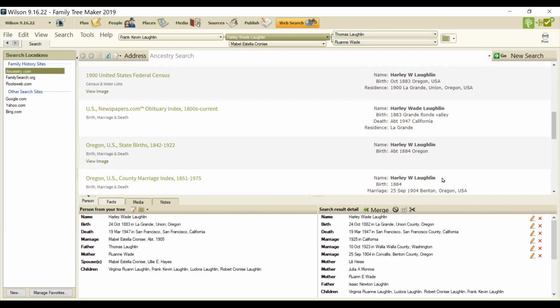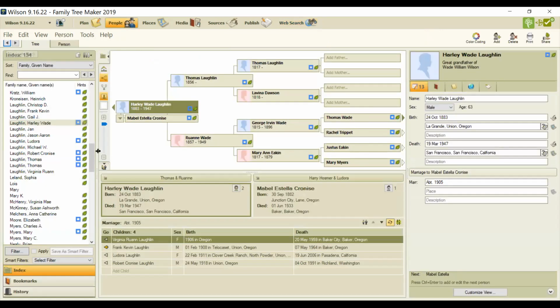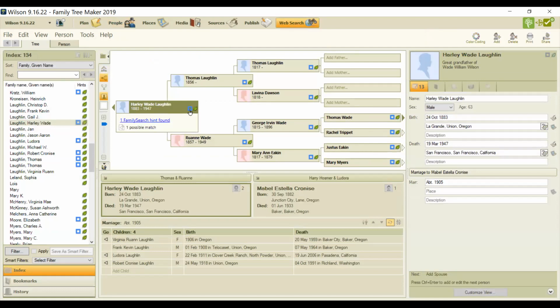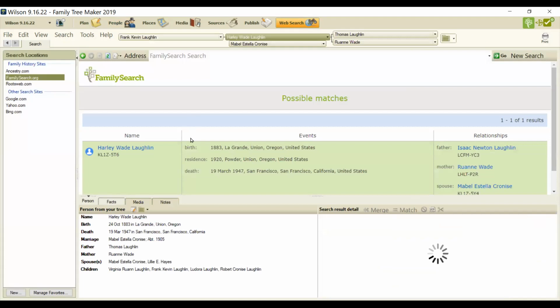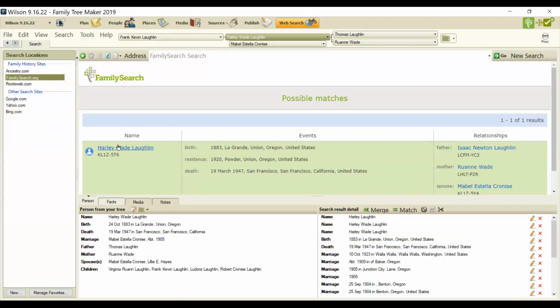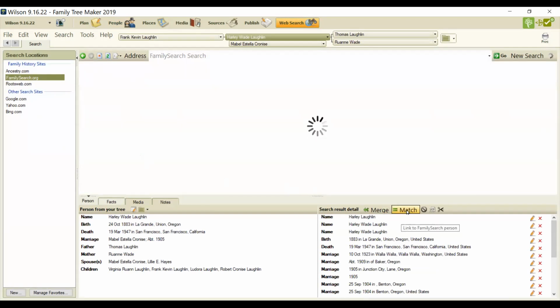And the information I want is a term here called merge, which combines the two. Now I want to go back. Okay, Harley Wade. This is a FamilySearch hint. Oh, okay. I'm going to take this one as my match.